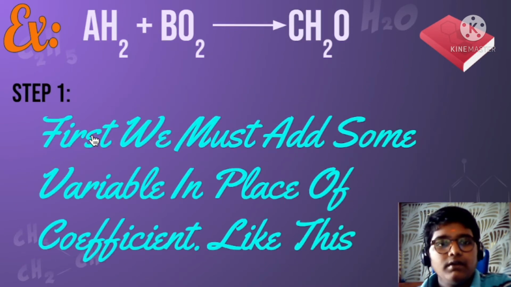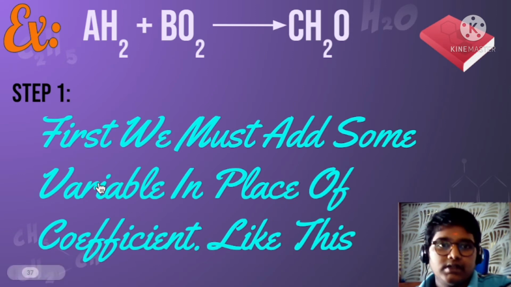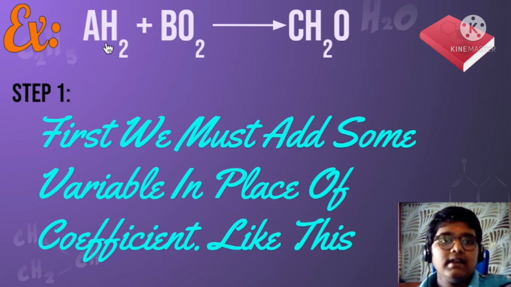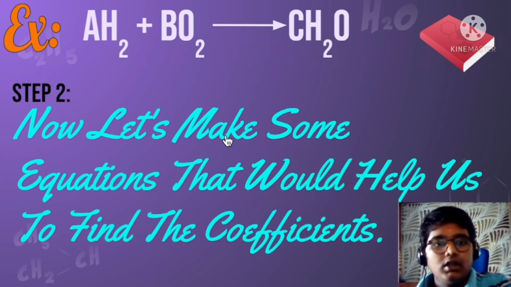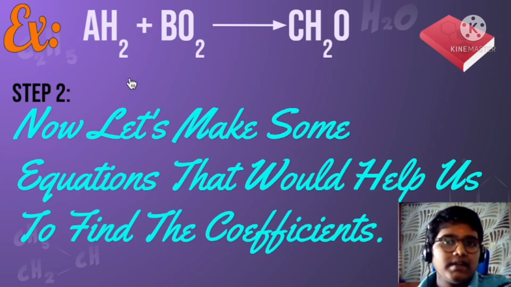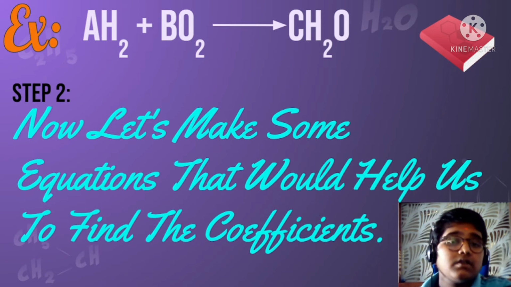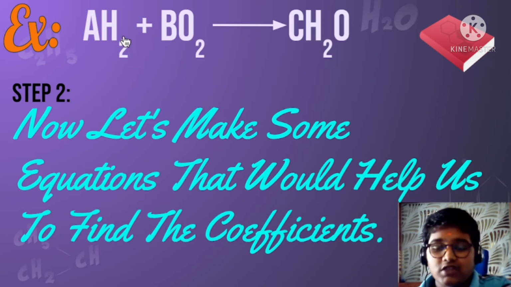First of all, we must take some variables in place of coefficients. We can see here, A as the coefficient of hydrogen, B as the coefficient of oxygen, and C as the coefficient of water. Now let's make some small equations with these variables, and that will really help us find the real coefficients of the equation.